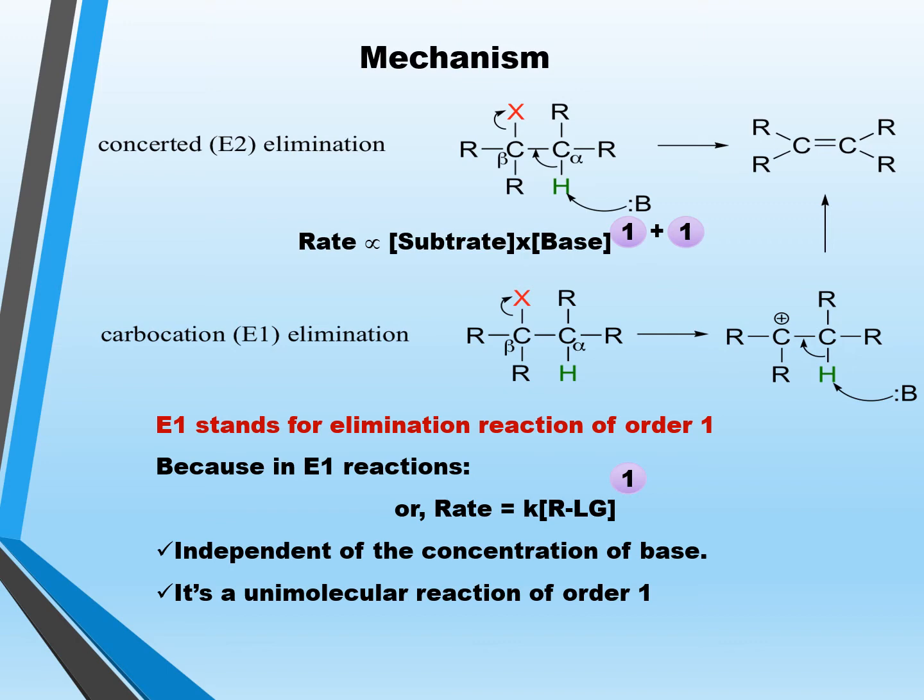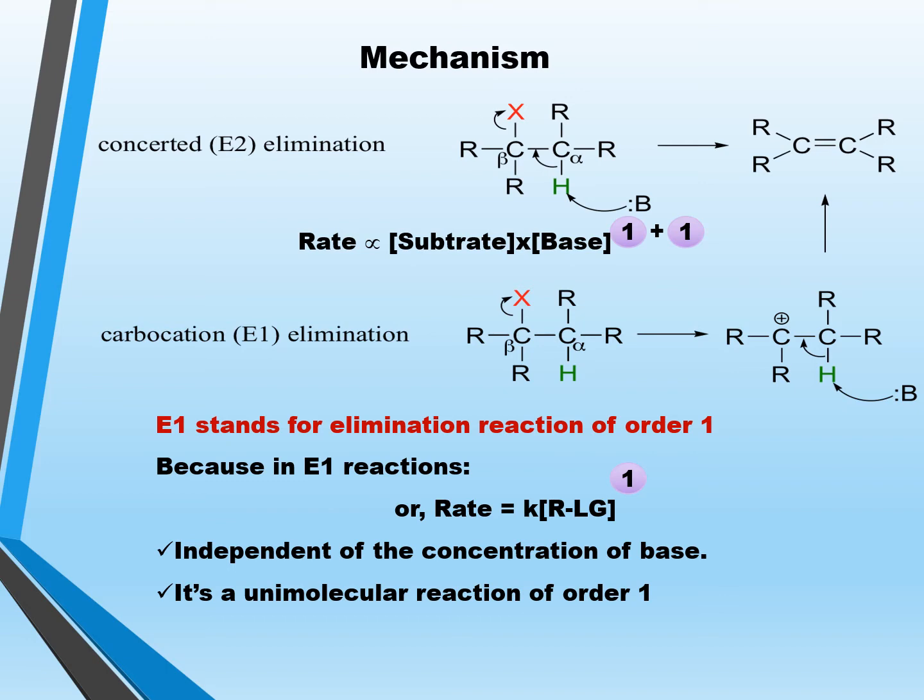So if the base abstracts the group to be abstracted, the hydrogen in this case, in the first process, and then the leaving group leaves. When the base abstracts the hydrogen, because the base has a pair of electrons, it is abstracting the proton, not the hydrogen with electrons.